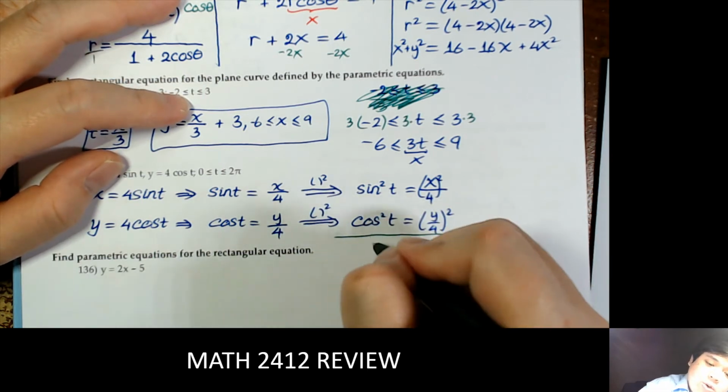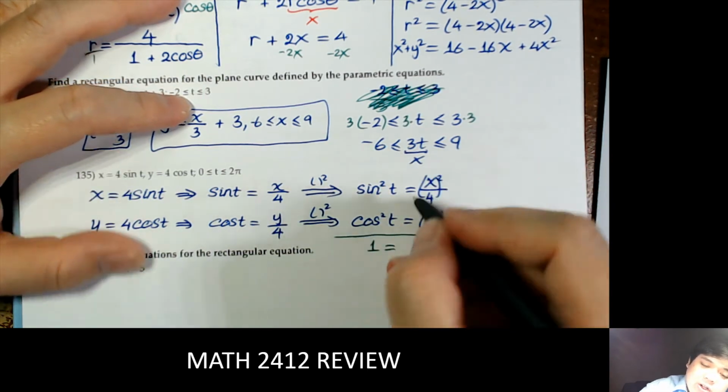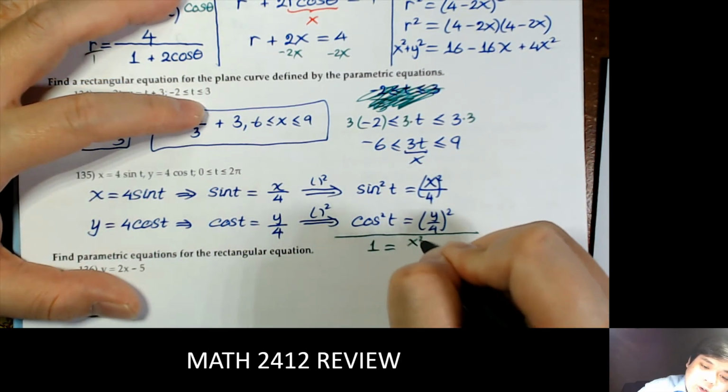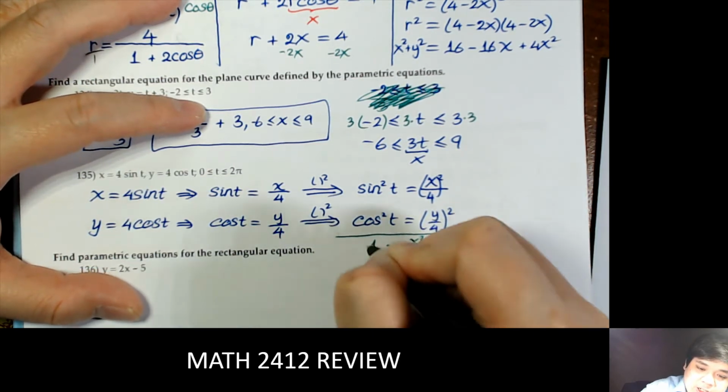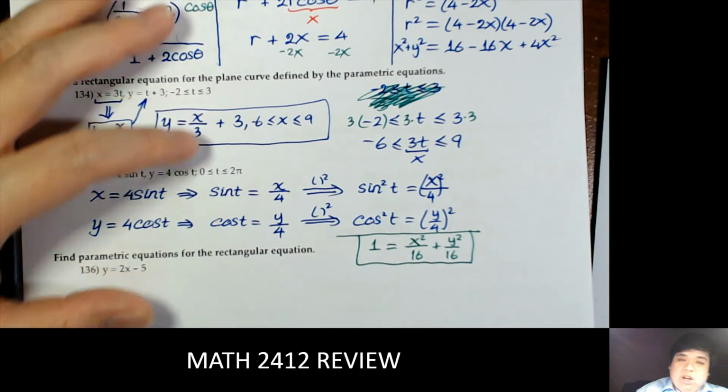Sine squared plus cosine squared is 1, and the other side is going to be x squared over 16 plus y squared over 16. So we have the equation, which is good.